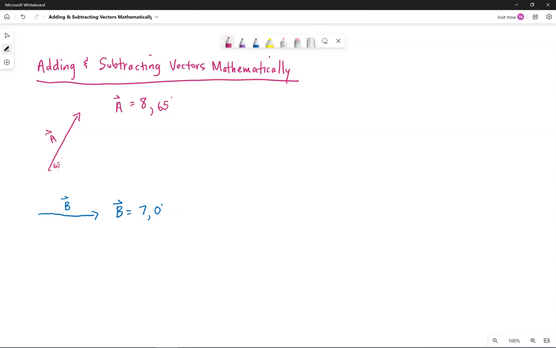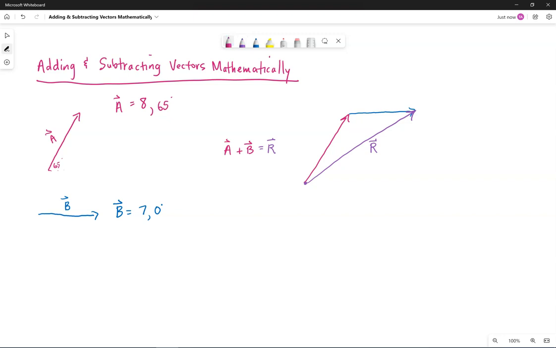So if we want to find A plus B, as we did in the last example, we can draw A, and then where we end A, we draw B. The result, the answer, starts where we started and ends where we just ended. So the result, I'm just going to say this is vector R. Vector R represents A plus B.